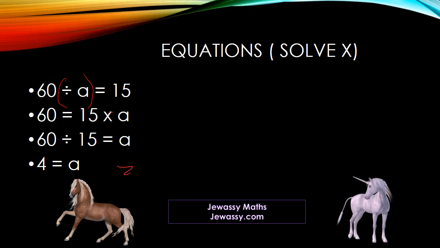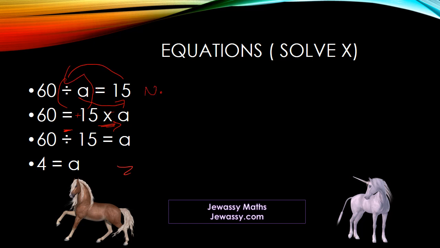We mustn't think that this must now become a negative. We mustn't think this is positive, and when it comes over, it must be a negative. Don't make that mistake. So when that 15 comes over, because it's a multiplication sum, it has to change to division. So can we see, this is coming over and this is coming over. This is a very, very important step.